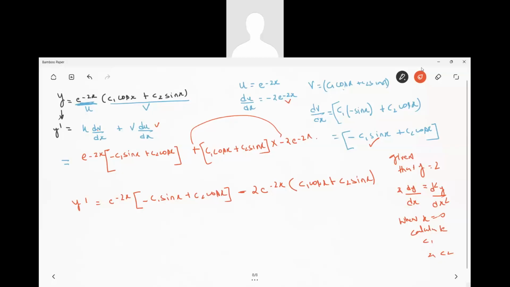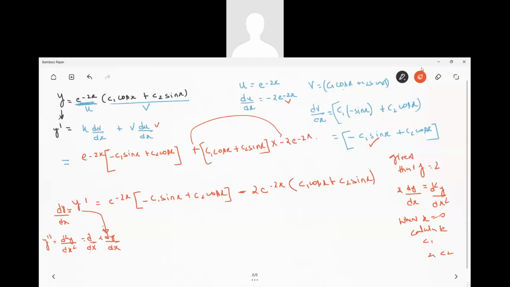Now y double dash is basically d by dx of dy by dx, right? That means d square y by dx square. If I multiply d by dx into dy by dx, I get d square y, which is nothing but y double dash.